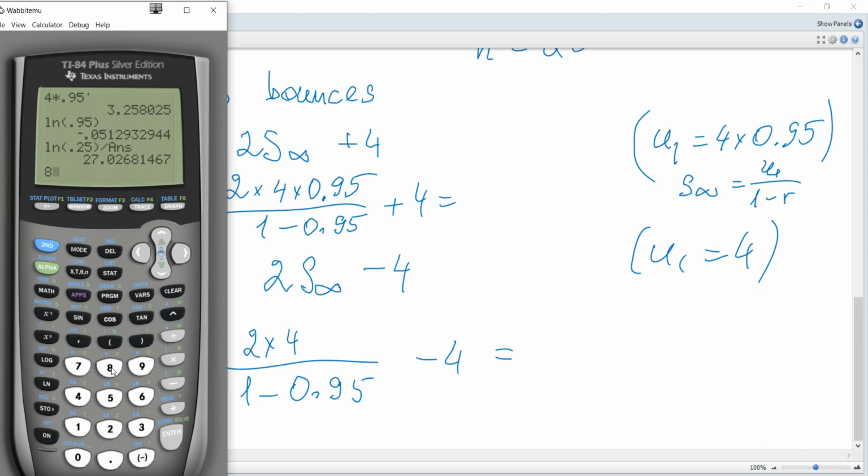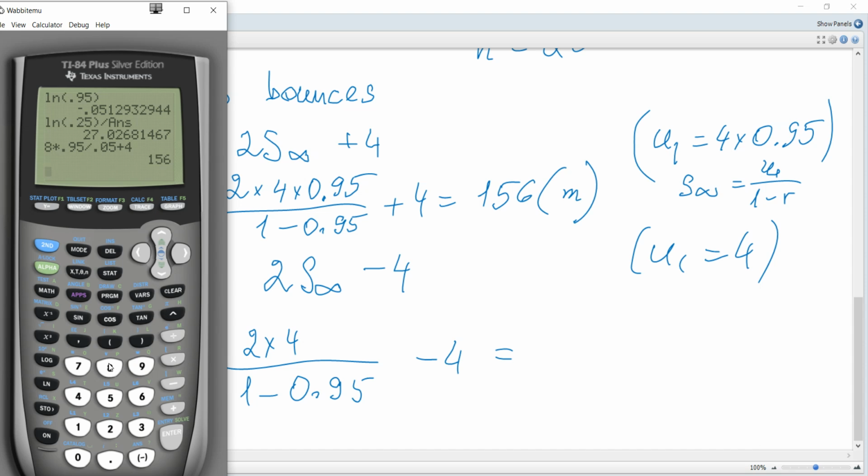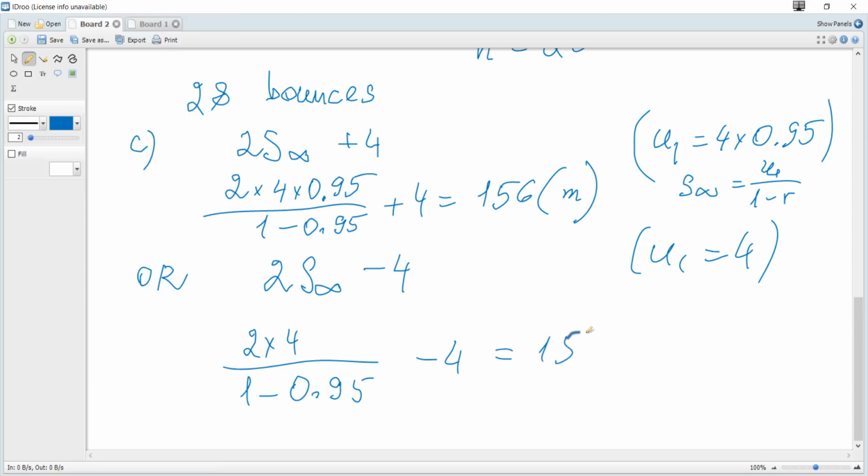So 8 times 0.95 divided by 0.05 and plus 4, it's 156 meters, and let's check this, it's 8 over 0.05 and minus 4, and you can see that we get absolutely the same result.